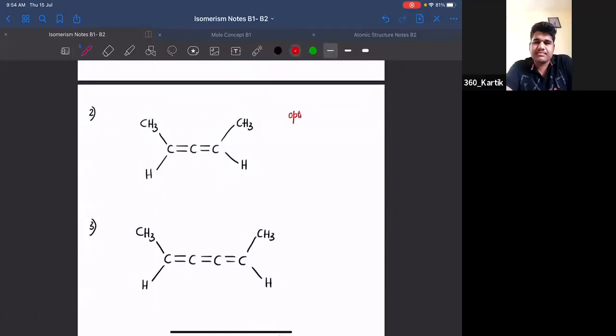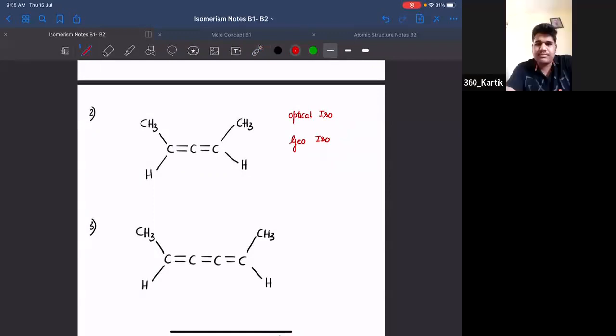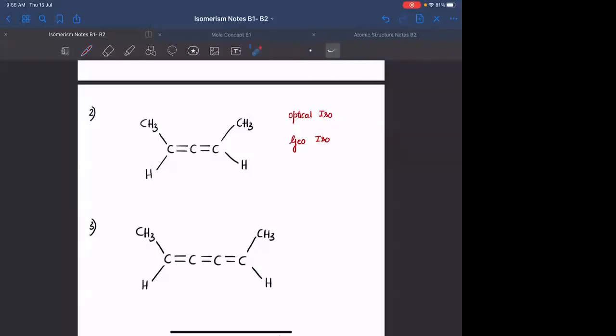Is it possible to have geometrical or optical or both? Optical. Yes, this will have optical isomerism, we already studied it in an example. Even though it does not have any chiral carbon, this molecule is optically active.